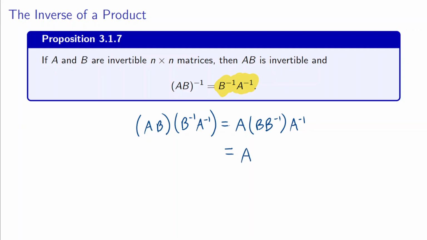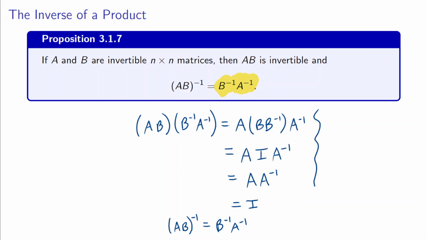So this becomes A times the identity times A inverse. But the identity times any matrix is that matrix. So this just becomes A times A inverse, which equals the identity. And so since we got the identity when we multiplied AB by B inverse A inverse, that tells us that the inverse of AB, so AB inverse, must be B inverse A inverse.